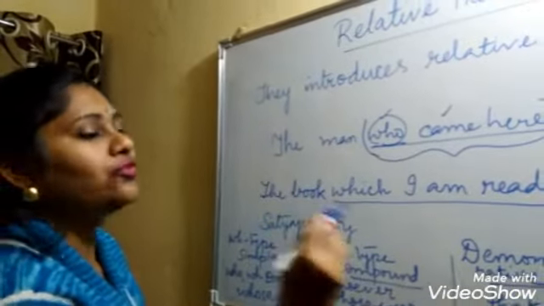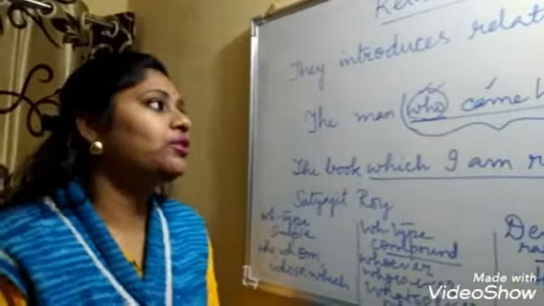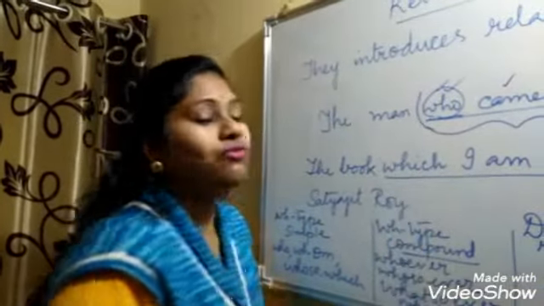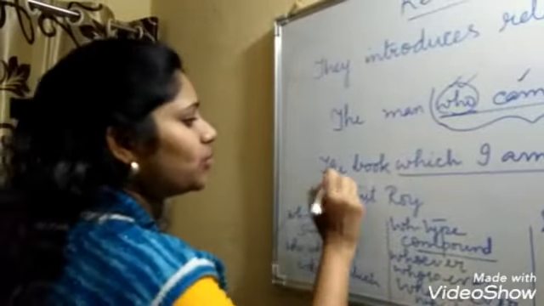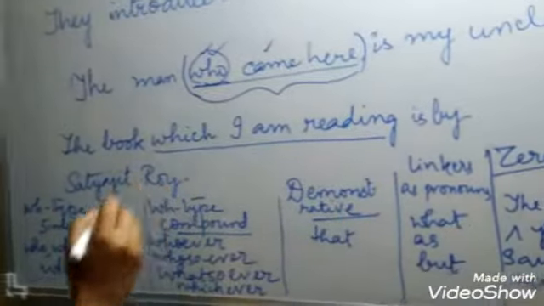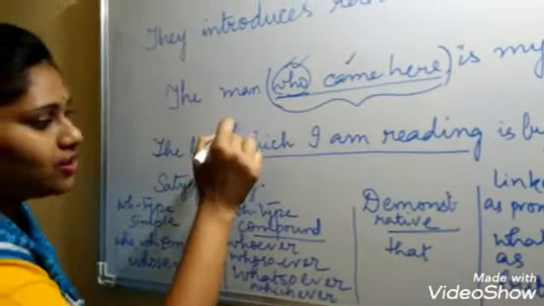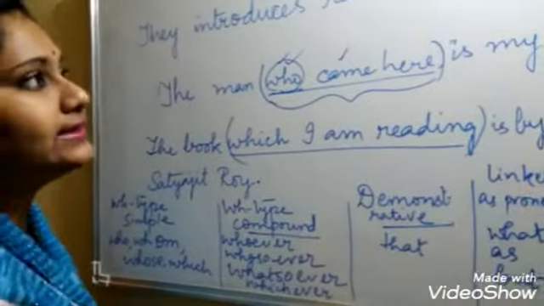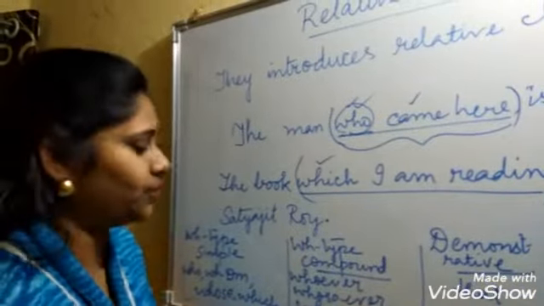Now how will you choose which pronoun to use? For persons, you will use who. For a thing, you will use which. So now see, the book which I am reading is by Satyajit Roy. The book is by Satyajit Roy is the main clause, and which I am reading is the relative clause introduced by the relative pronoun which.